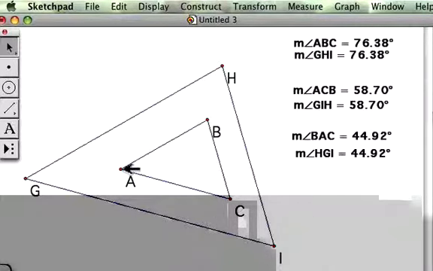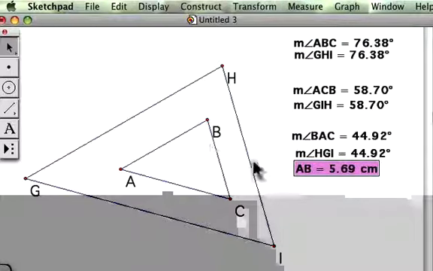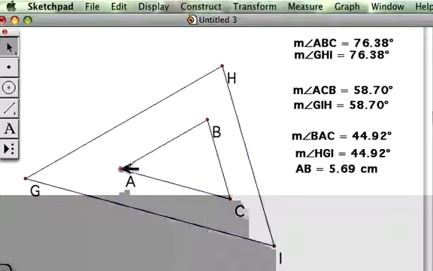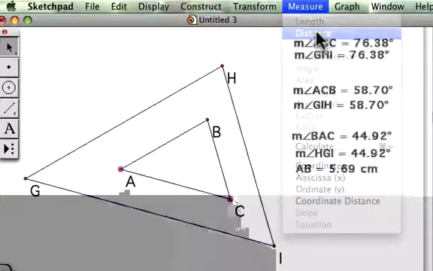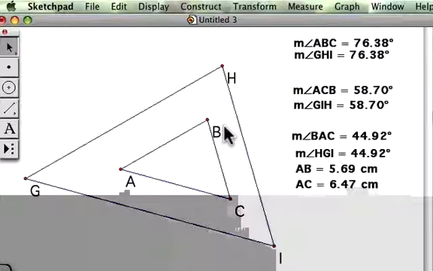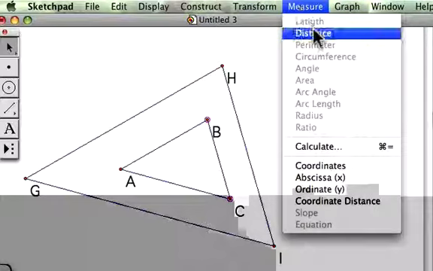First of all, what we're going to do is measure the distance between each of the points. So line segment AB is 5.69 centimeters long, and then we're going to measure the other two sides of the smaller triangle. Make sure that you don't have anything selected other than the two points when you're measuring.